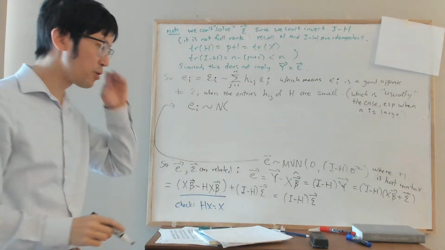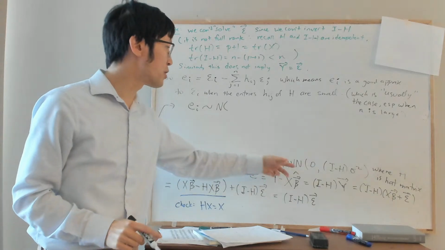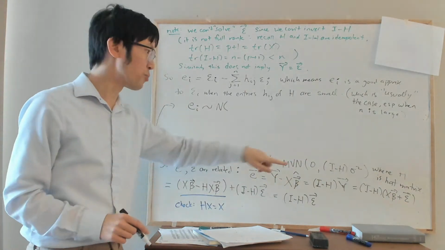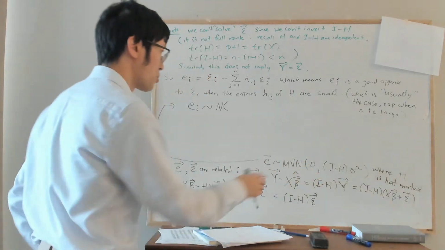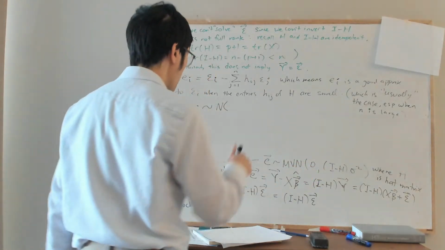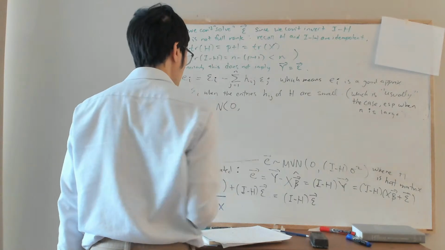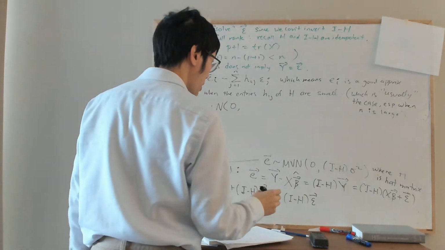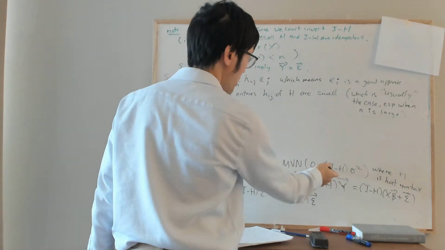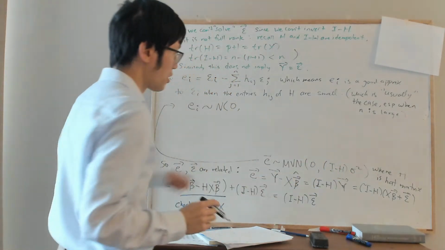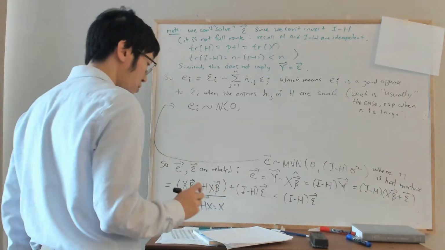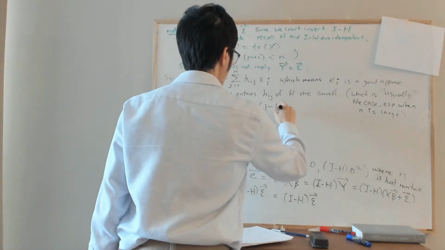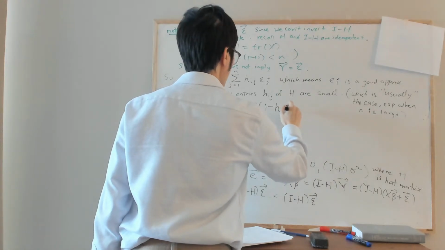Remember that's a property of the multivariate normal: individual elements are normally distributed with the corresponding variance from the diagonal entry of the covariance matrix. So an individual residual will have mean 0 and variance given by the diagonal of I minus h, which is 1 minus that diagonal element of the hat matrix: sigma squared times 1 minus h sub i i.